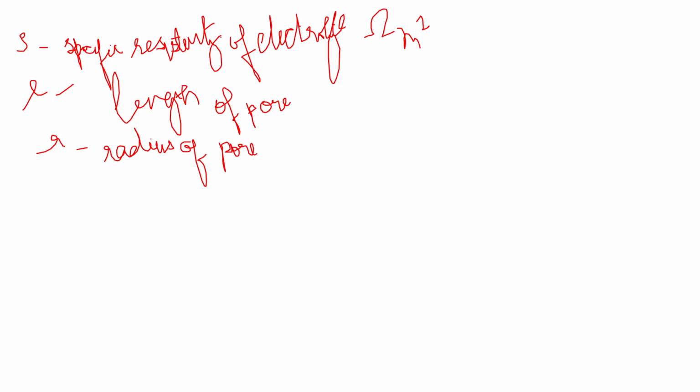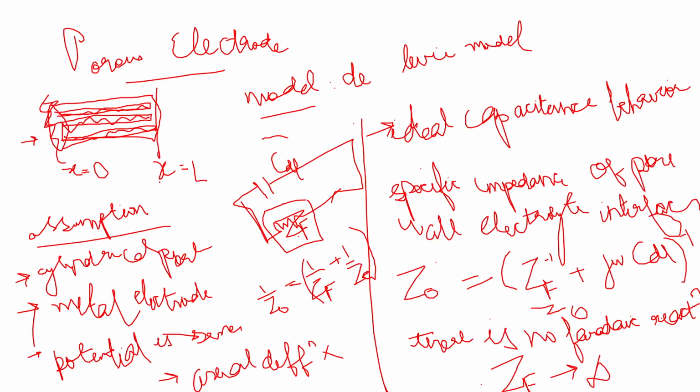So you have a pore of length L, and these pores will have a radius. Here you can see this small radius will be R. And you have the specific resistivity of the electrolyte as delta.